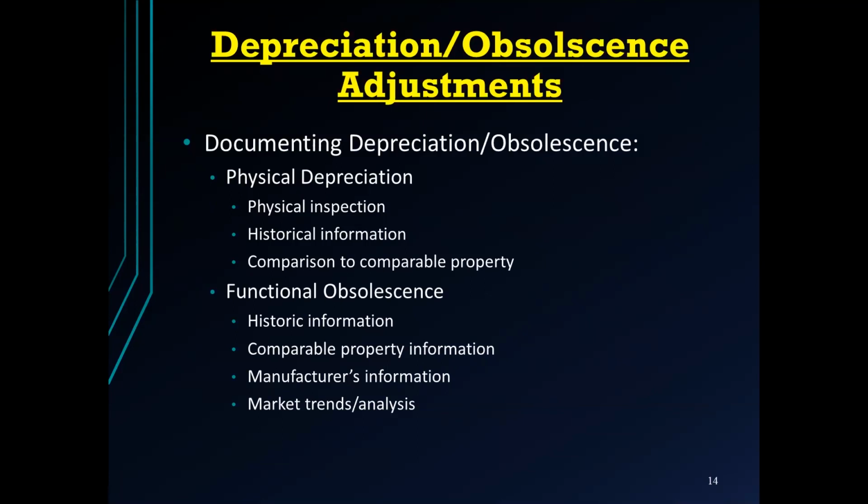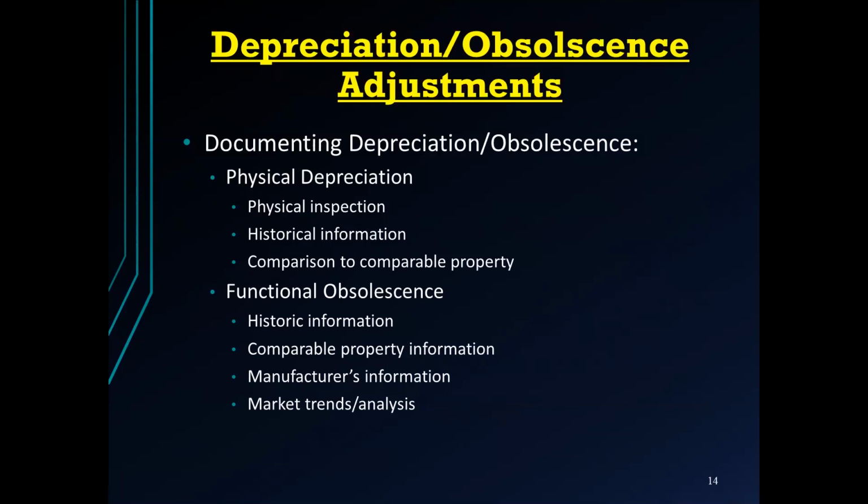How does a laptop that is 4 years old compare to a laptop that's brand new in terms of capabilities? How have processor speeds increased over time? How have RAM and other memory requirements increased? So you can look at the current market to determine whether your subject property meets current market expectations. And that's how you would document functional obsolescence.